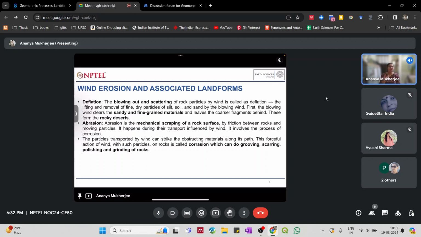Okay, so in deflation, these finer sediments are actually blown away, and the wind speed is so great that some of the rock fragments also get scattered from the area where they had settled. So the blowing wind first carries away all the fine grained material, and what is left behind are the coarser fragments.